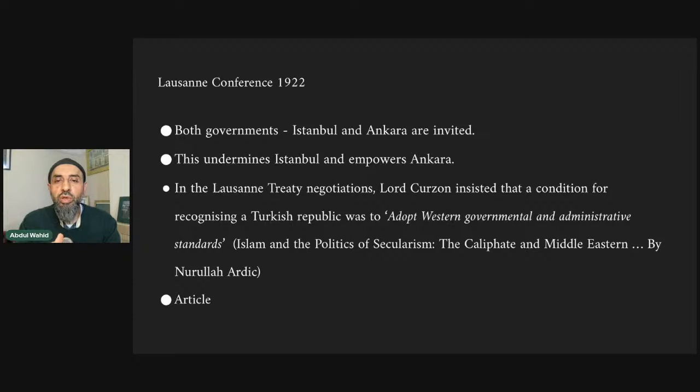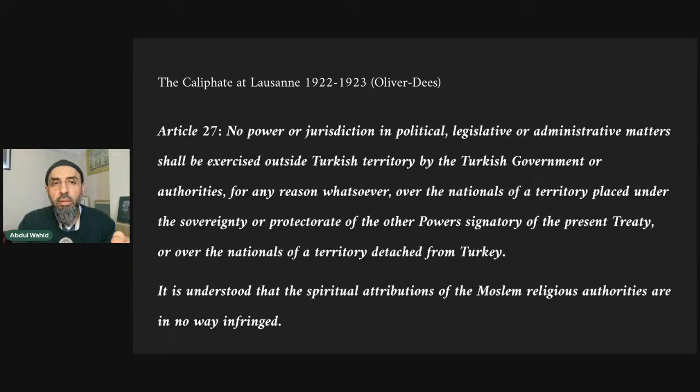In the Lausanne Treaty negotiations, it's recorded by some historians that Lord Curzon, the British Foreign Office delegate to that conference, insisted that a condition for recognizing a future Turkish Republic was that it should adopt Western governmental and administrative standards. So this illustrates the kind of thinking that went into these negotiations, which was to crush the Ottoman Khilafah, not just territorially, but also from its Islamic basis.